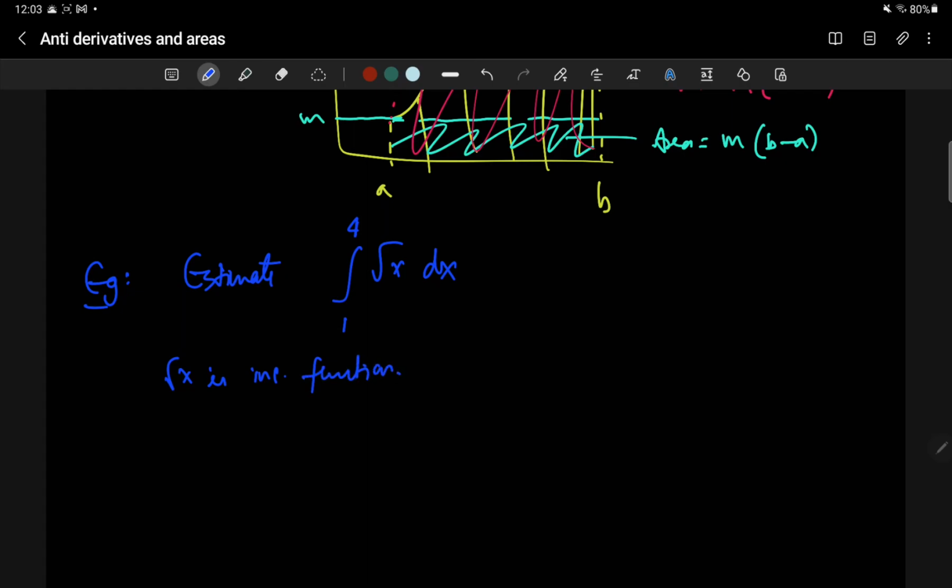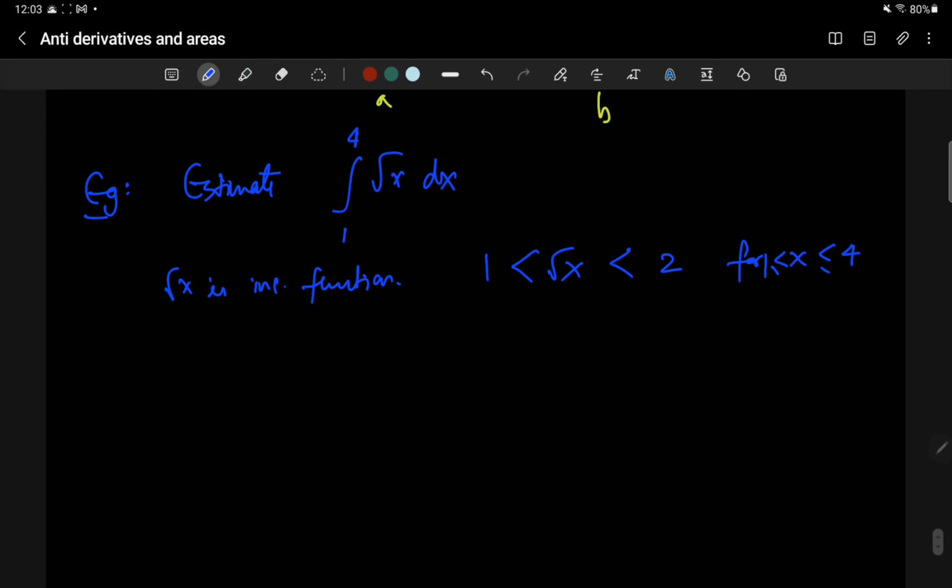You can take the derivative, and the derivative is always positive, which means that root x is always going to be greater than 1 and less than 2 for x in this range. So the integral is always going to be less than 2 times 4 minus 1 and always going to be greater than or equal to 1 times 4 minus 1. So this is always going to be between 3 and 6.